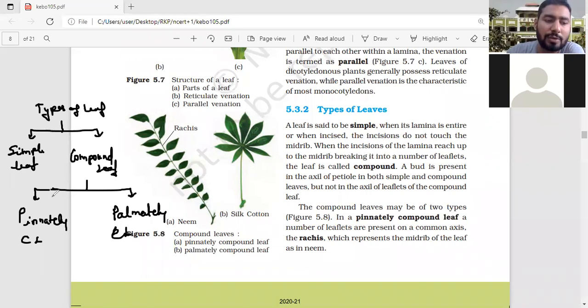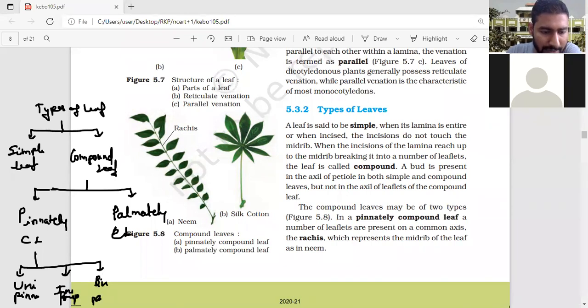Pinnately compound may be of different types: unipinnate, imparipinnate, bipinnate, multipinnate.